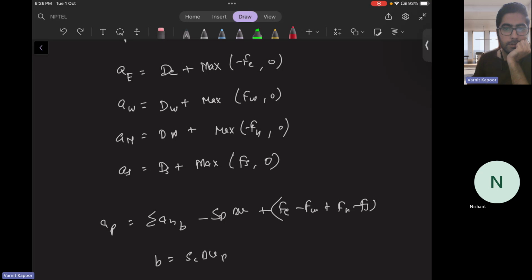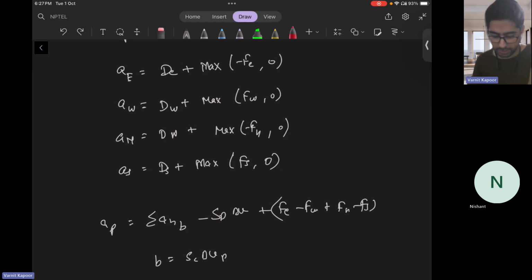Any doubts? Minus Fe will be returned if Fe is negative. So if minus Fe comes into play, aE becomes dE minus Fe. Then when it is added to aP, Fe and Fe cancel out, and we are left with only the diffusion part.